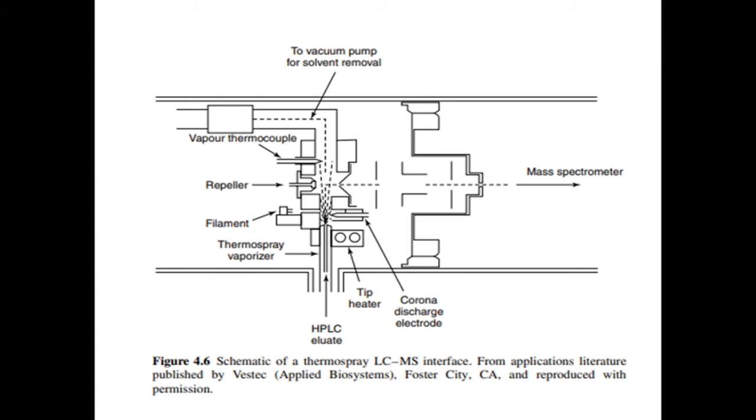As with the interfaces previously described, involatile buffers are not recommended as blocking of the capillary is more likely to occur if temperature control is not carefully monitored, and for this reason ammonium acetate is often used.